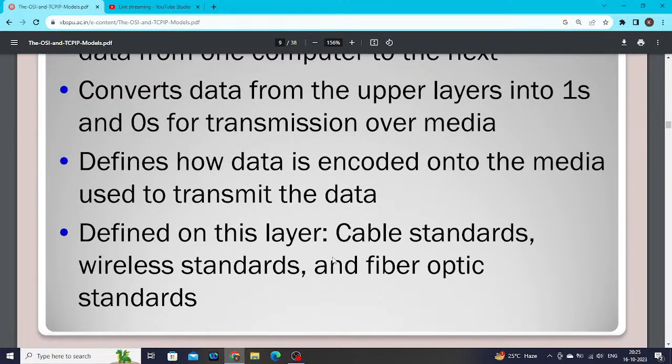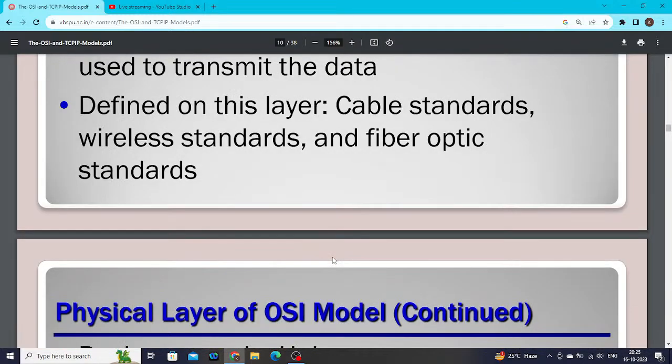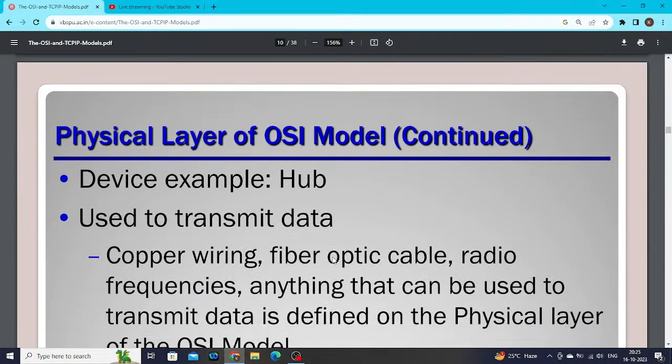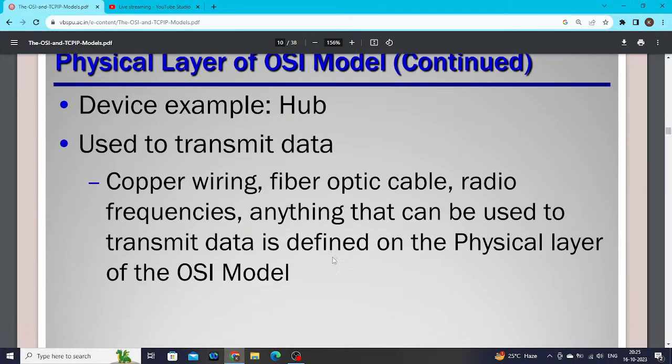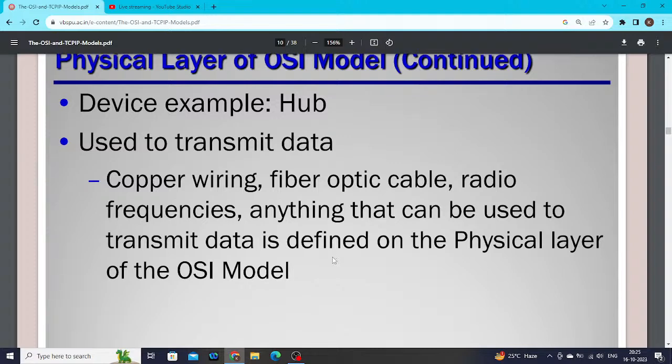It defines cable standards, wireless standards and fiber optic standards. A device example for the physical layer is the hub. Hubs send bits to the computer. Copper wiring, fiber optic cable, radio frequencies, anything that can be used to transmit data is defined on the physical layer of the OSI model.